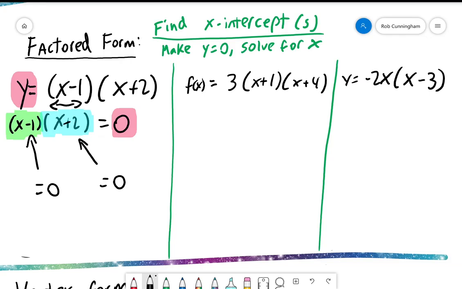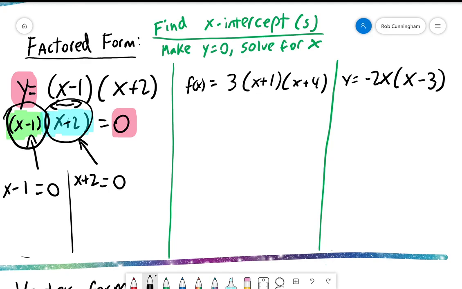One of those two factors has to be 0, and because there's two of them, there are two possible answers. Either x minus 1 can equal 0, or x plus 2 could equal 0. Again, if x minus 1 were to equal 0, then it doesn't matter what the other factor is. The whole thing multiplies together to make 0.